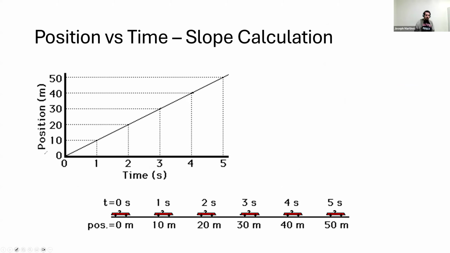So looking at our car, we travel 10 meters every second. We graph out the motion, and it gives us a straight line. We just did this. And we want to know what the slope is. Well, to find the slope, we're going to use the rise over run equation for a line.